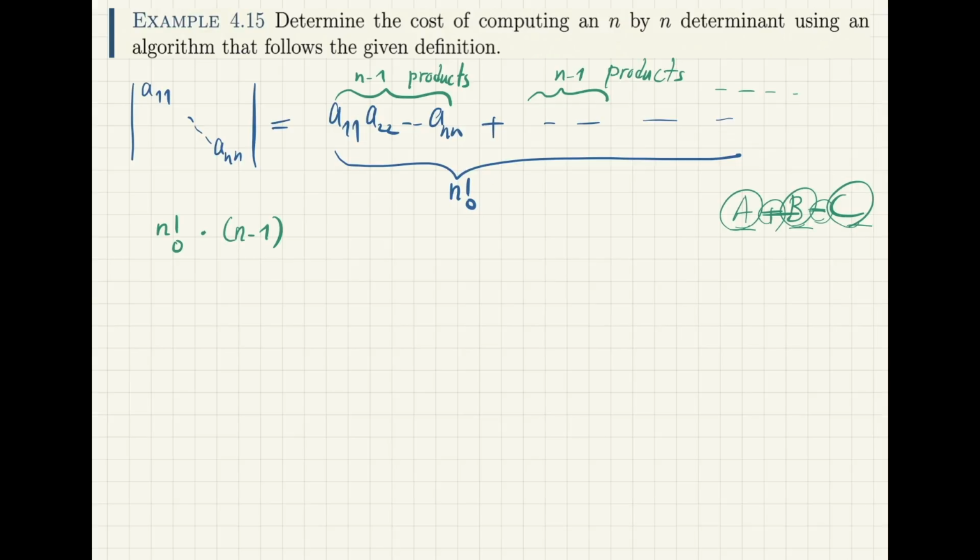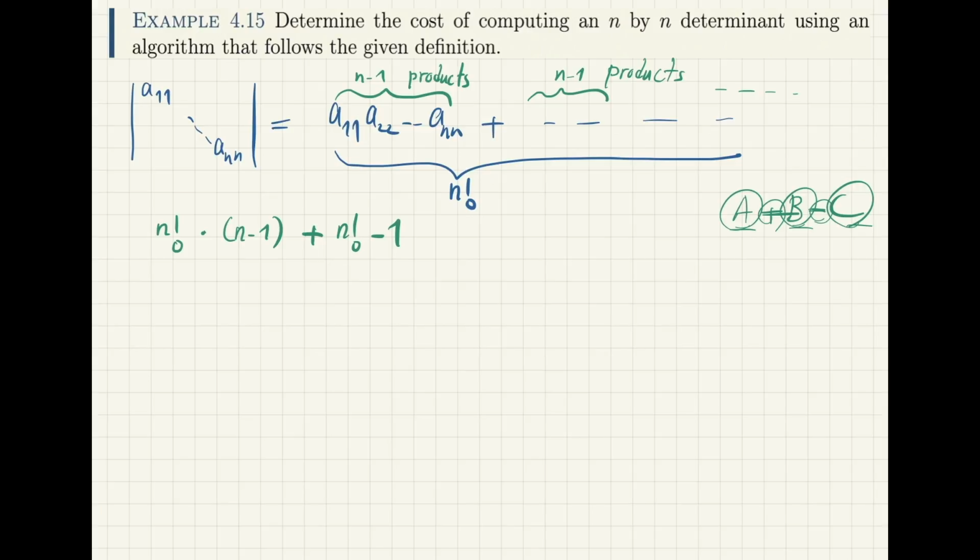So it means that the total number of additions or subtractions that will come next is n factorial minus 1. So this is this number plus n factorial minus 1. This is the total cost for calculating an n by n determinant using this definition.